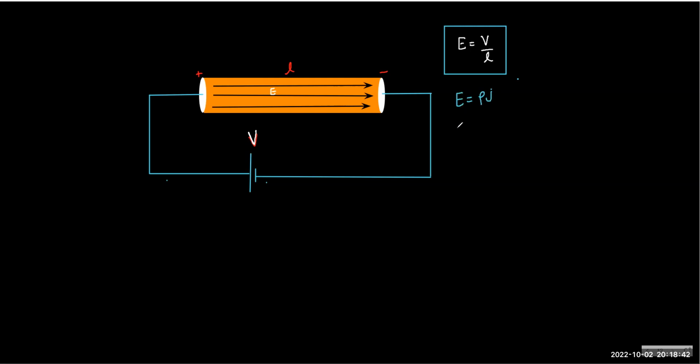But we can also write E equals V by L, and J we can write as I by A. So V turns out to be rho L by A I. And this rho L by A we prefer to call R, which means resistance of conductor.